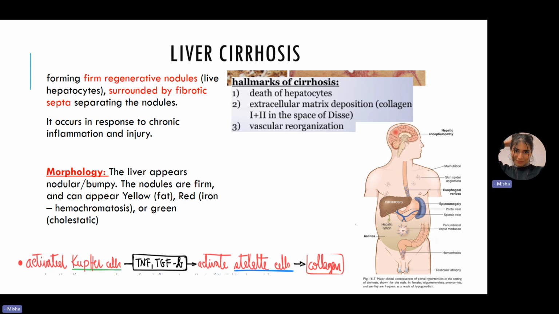These myofibroblasts produce fiber and contract, which leads to the liver becoming fibrosed, hardened, nodular, and shrunken, right? This is because of those stellate cells in the space of Disse converting into myofibroblasts.